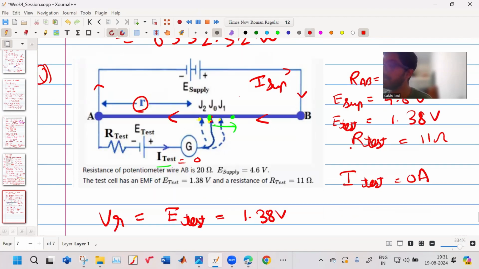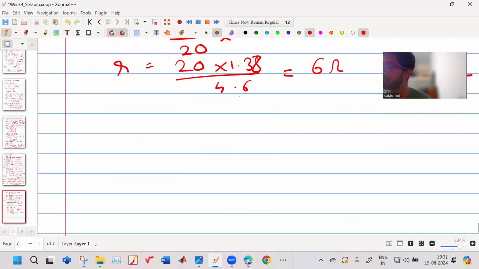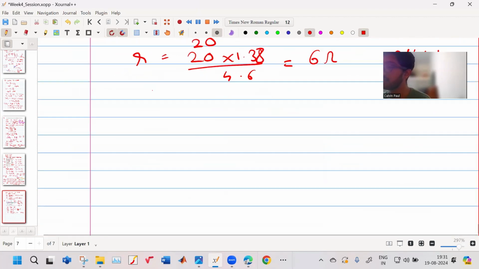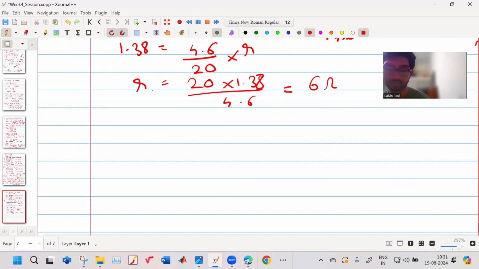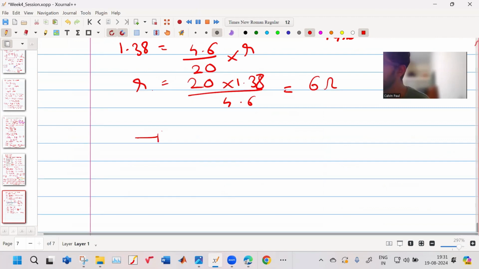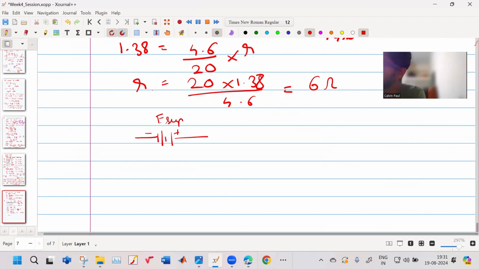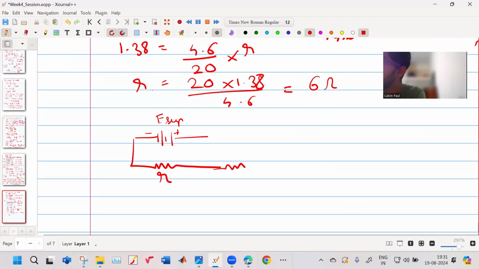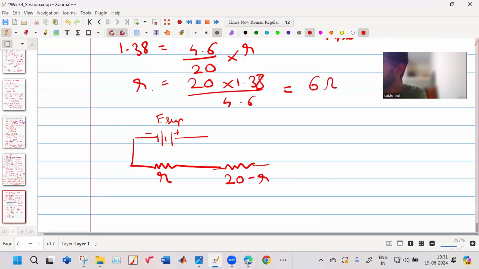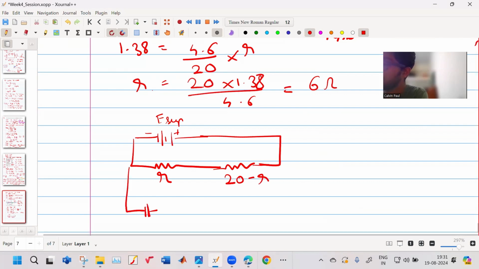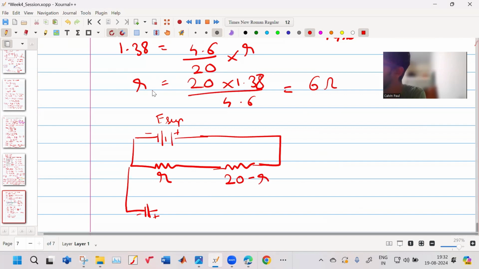So what we will do is, we will redraw this circuit. So now your circuit will become, this is your E supply, that is 4.6 volt, right? This is your R, this is your 20 minus R. This is your E test.